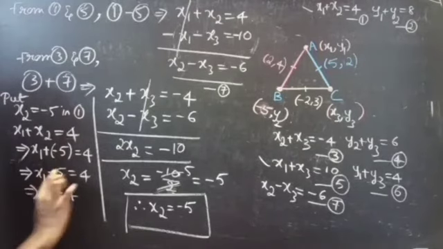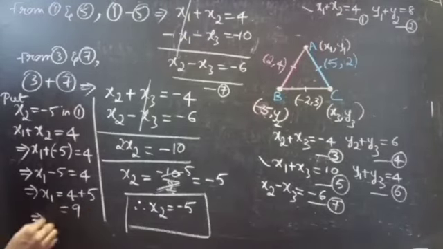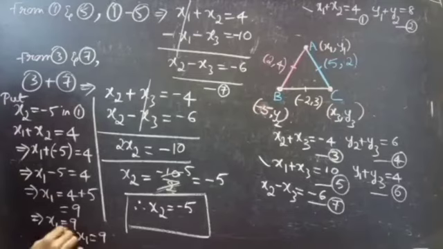Take the minus 5 to the right-hand side, which becomes plus 5. So 4 plus 5 is 9. Therefore x1 equals 9.